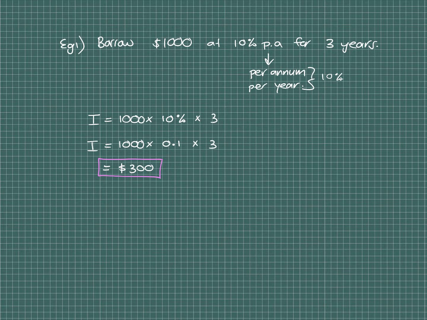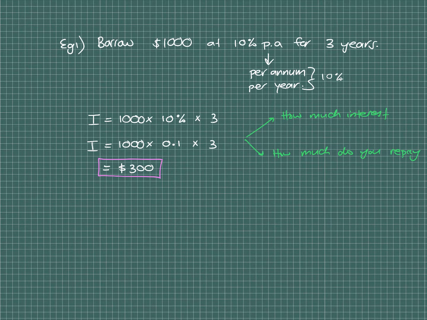Now, I guess the biggest thing, and I didn't really put a question on this, I just gave you some details around it. They might ask you how much interest, or they might ask you how much you have to repay. And that's probably the biggest thing that you have to be careful of, because they're going to be two separate answers.